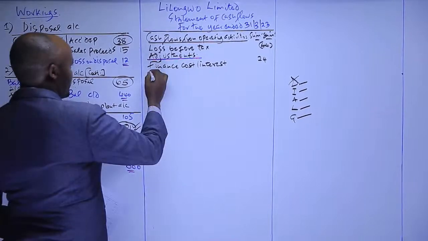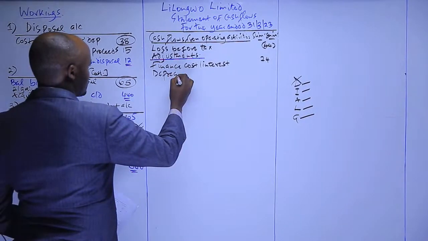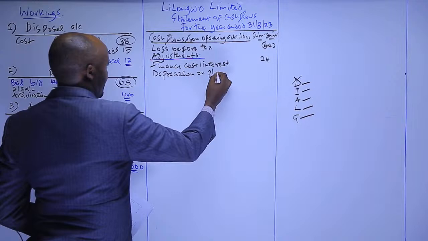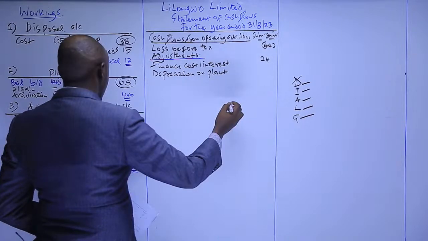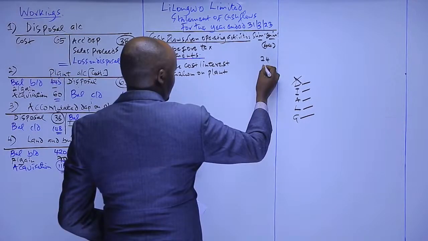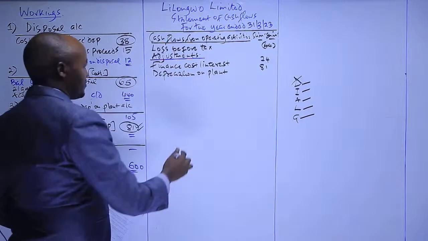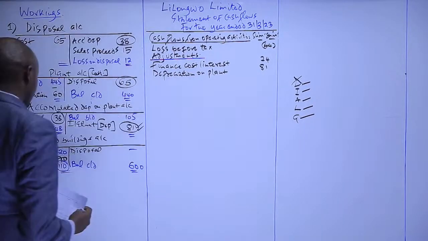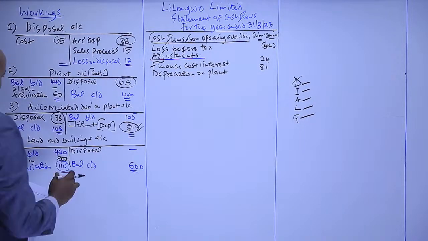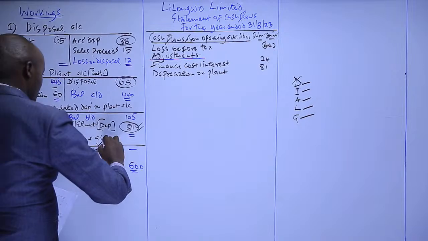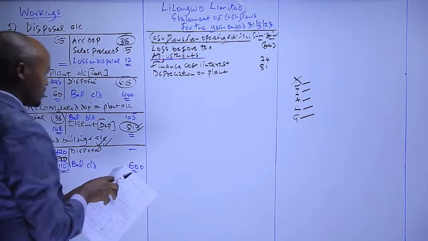We have the depreciation on plant. How much is that? It is a figure of 81, because that was deducted in arriving at that particular profit. Add it back. And then the depreciation on land and buildings. This is in note number 1.